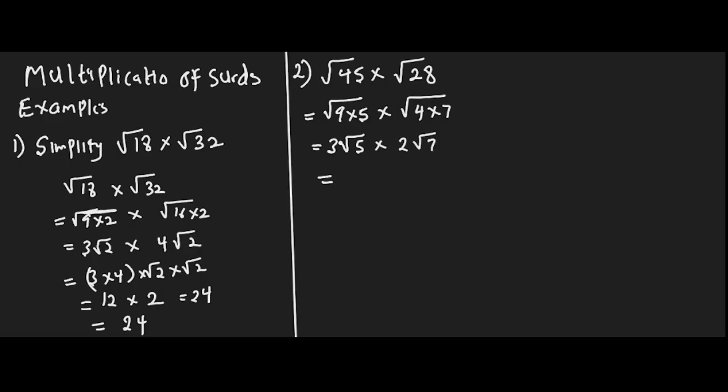This is going to give us, multiply the whole number part, 3 times 2 times root 5 times root 7. This is going to give us 6 times root of 5 times 7 here is going to give us 35. Then we have 6 root 35.